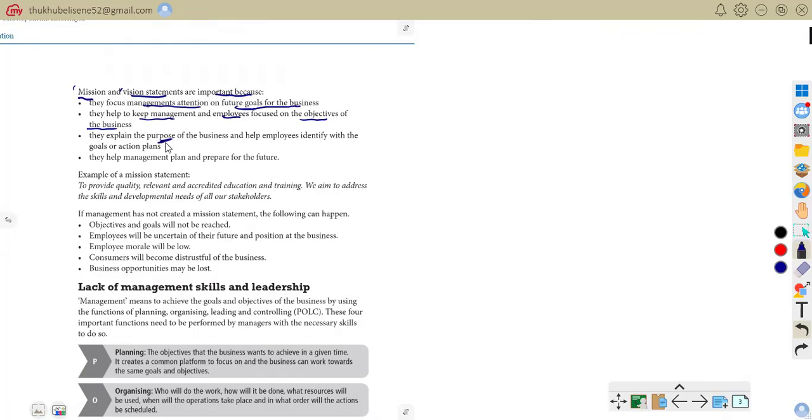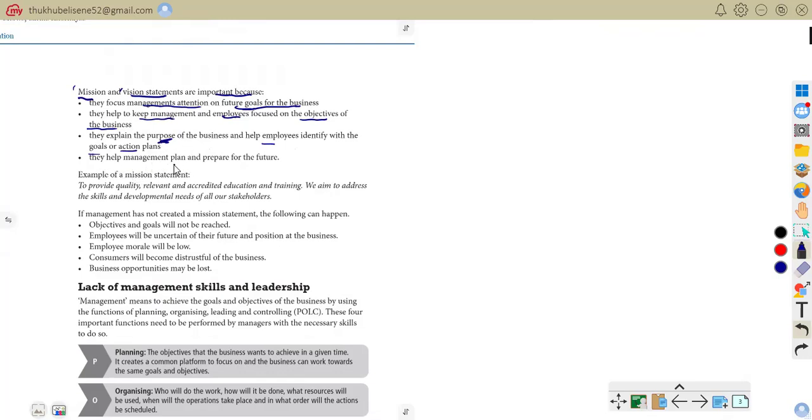They explain the purpose of the business and help employees identify with the goals and action plans. So they help employees work towards the goals of the business, because they know the purpose.